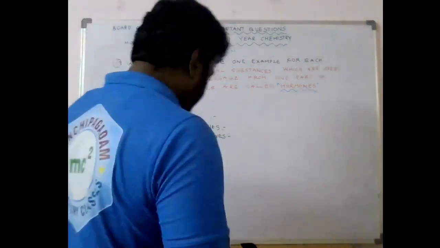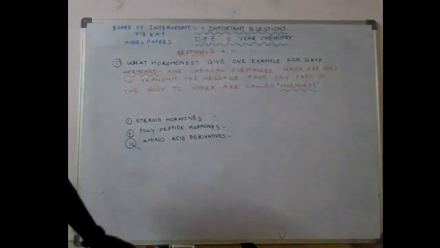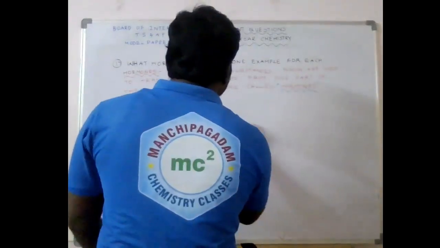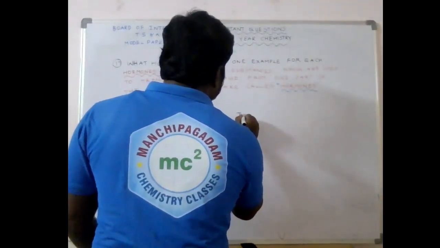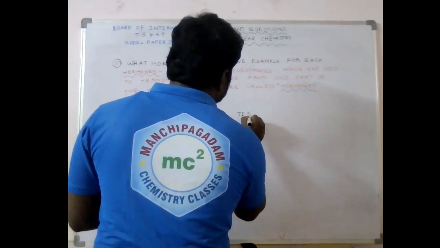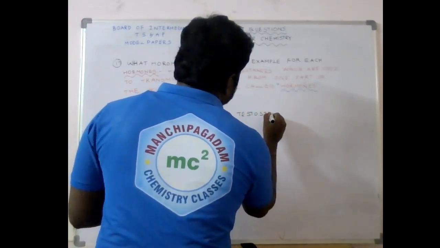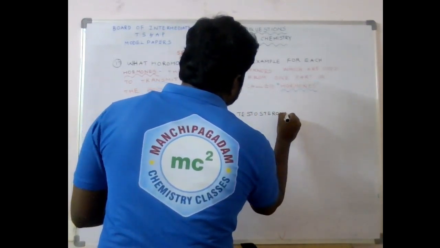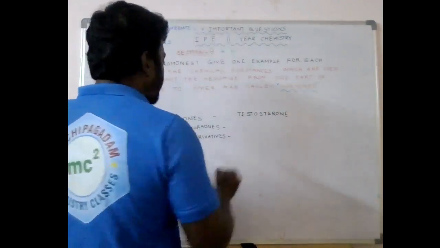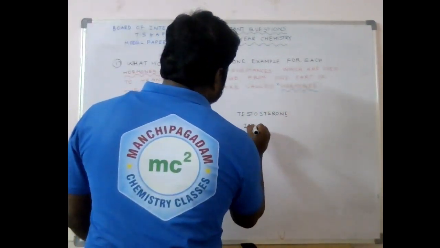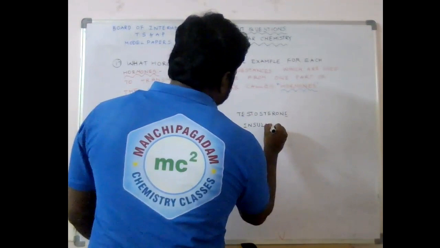Okay, so you can write that for steroid hormones the example is testosterone. For polypeptide you can write insulin.